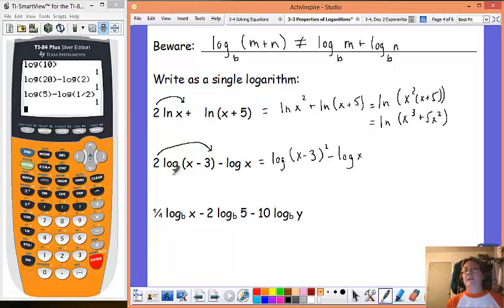And since we do have now a subtraction of two like-based logarithms, we can condense that into a quotient. So this would look like the log of, and it will be x minus 3 squared over x. If you wanted, you could multiply out the top, but it won't allow you to simplify since x is not a factor of x minus 3 squared.